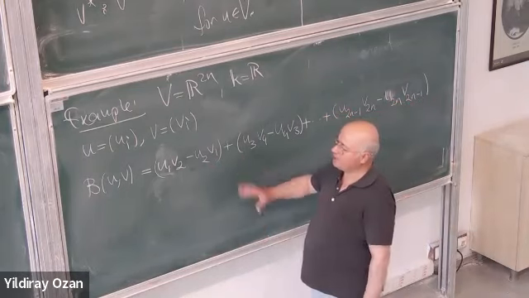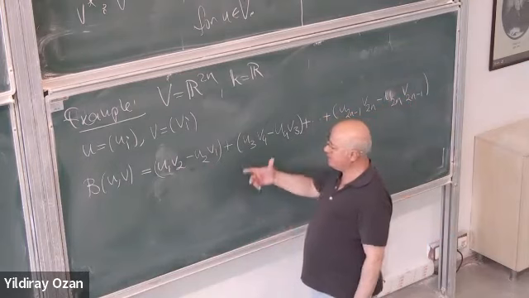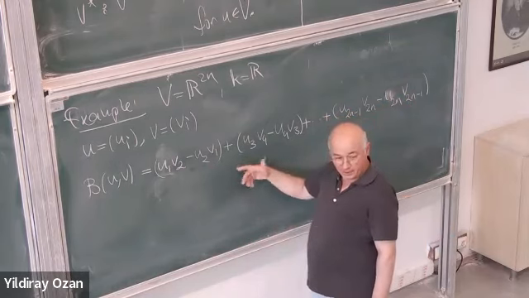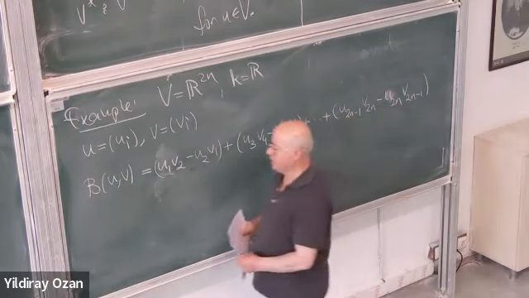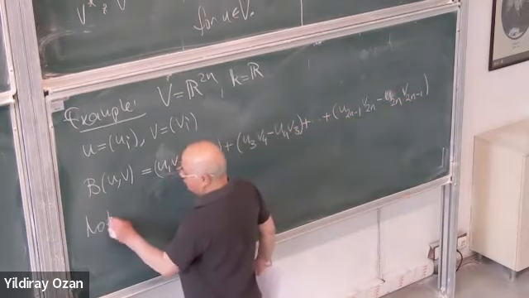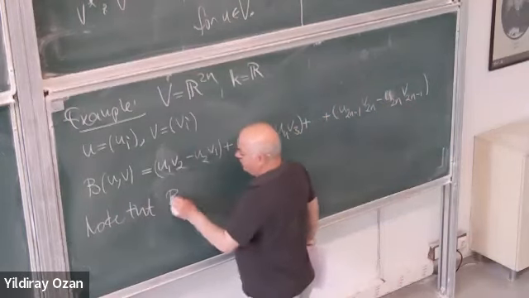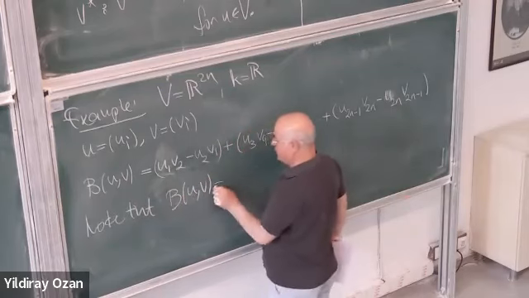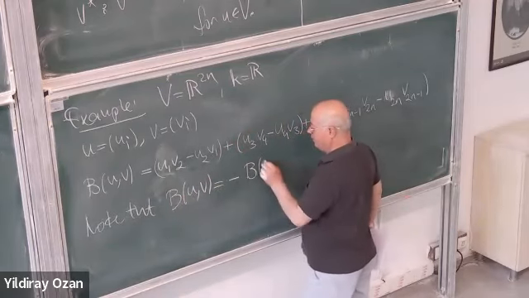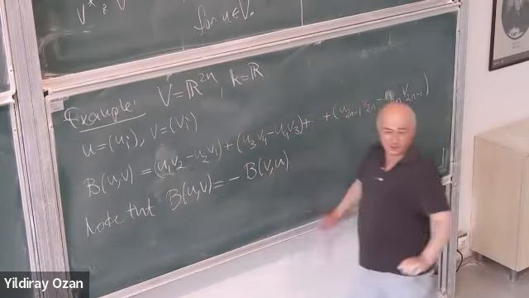This is actually an important gadget. This is not symmetric. This is skew symmetric. Note that the UV is minus the UV. So it's not symmetric.